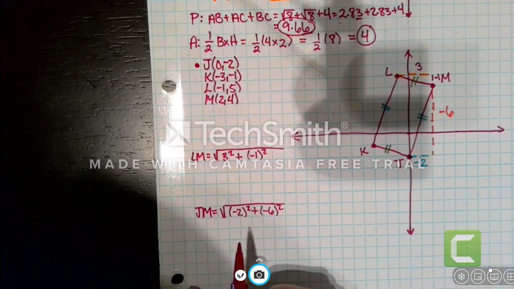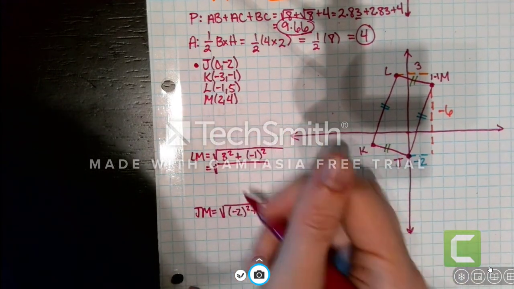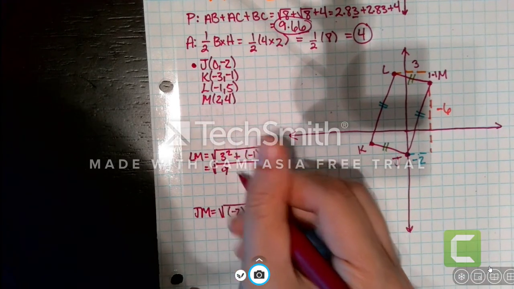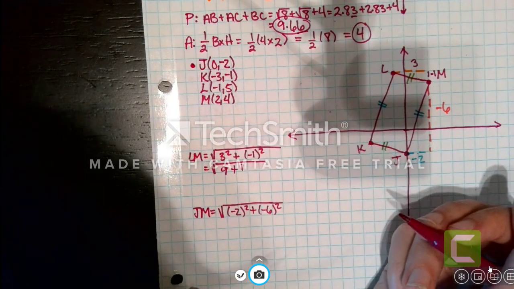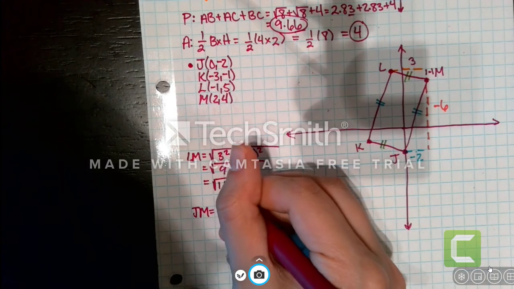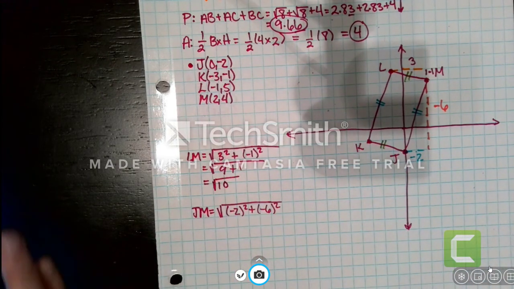Solving for LM first, your radical should look like this, with 3 squared being 9, and -1 times -1 being a +1. And if I continue to simplify, that'll get me the square root of just 10. And again, when we're working with these formulas on a coordinate plane, it's best we get them as a decimal.